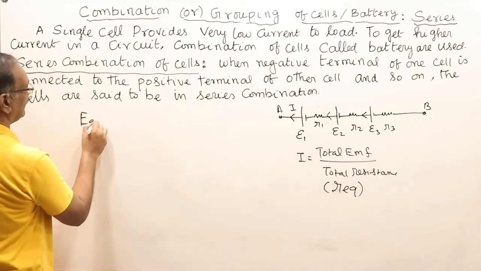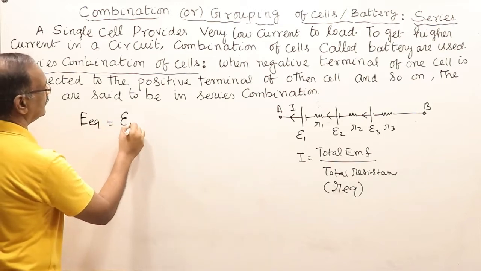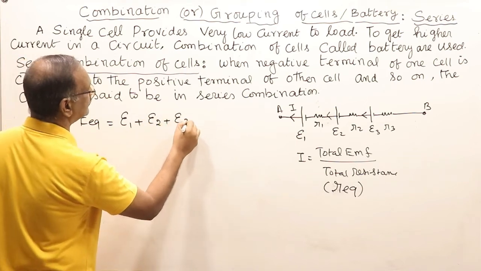The equivalent EMF of the series combination is equal to the EMF of the first cell plus the EMF of the second cell plus the EMF of the third cell.